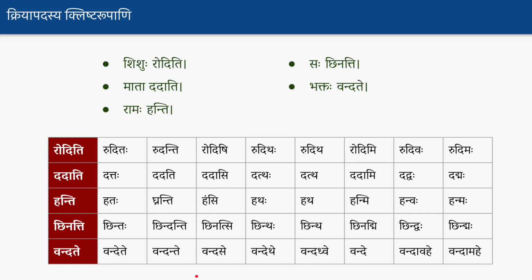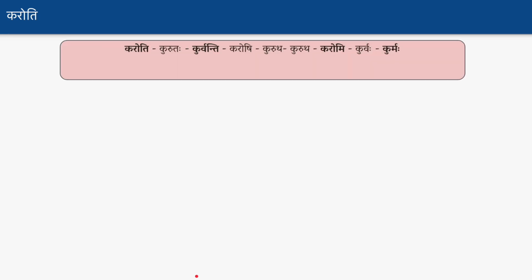The way we try to address this problem is, if you know how to use the single verb karoti well, if you know all 9 forms of karoti, then this entire problem can be fixed. The forms are karoti, kurutaha, kurvanti, karoshi, kurutaha, kurutha, karomi, kurvaha, kurmaha.